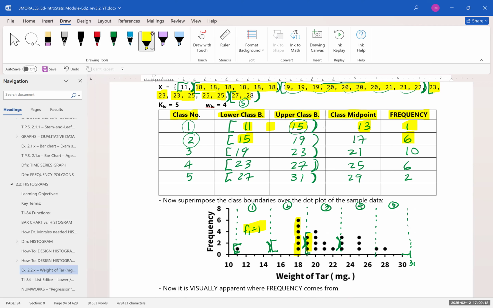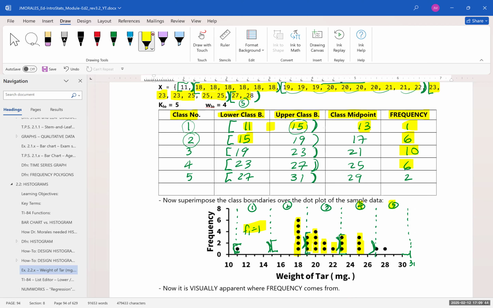We've got 1, 2, 3, 4, 5, 6, 7, 8, 9, 10, which is the frequency I put there for class 3. For class 4, it includes 23, but excludes 27. How many do we have? 1, 2, 3, 4, 5, 6. So we have 6 in class 4.